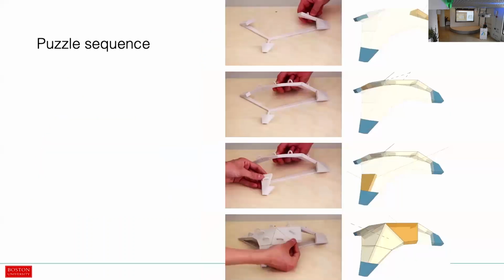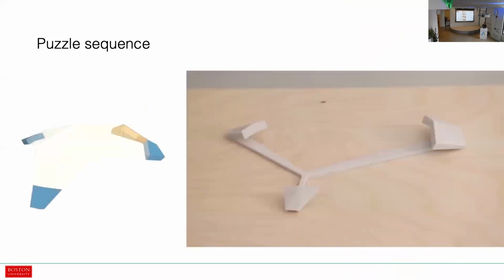We also looked at smaller structures for more playful examples. So this is a puzzle sequence where instead of using chains for temporarily supporting objects, you could say instead that this is where the hand needs to be placed for, let's say, a 2-player puzzle.